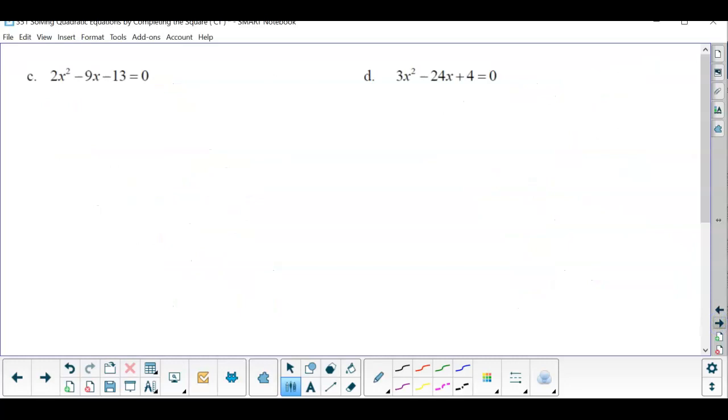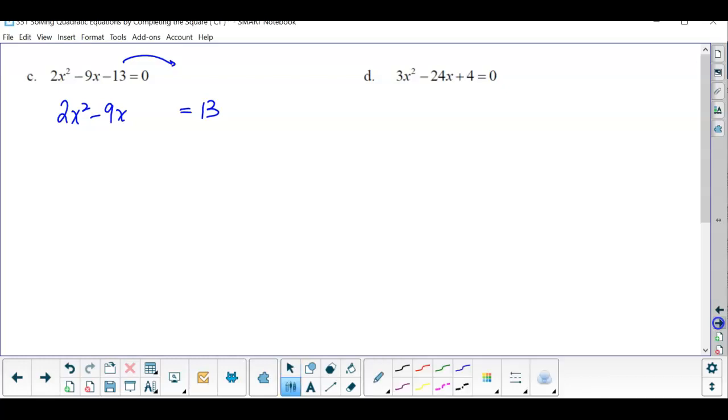Now we have some coefficients in front, okay? Again, I'm going to bring the 13 over to start. Okay, then I want to get rid of that 2. So yeah, you could factor it, but then you have to do that adding and subtracting on the same side. It's an equation.